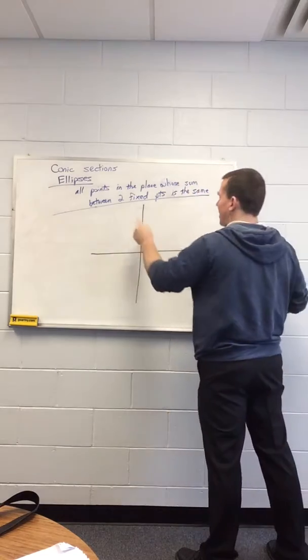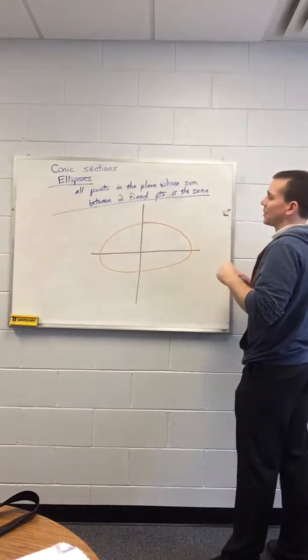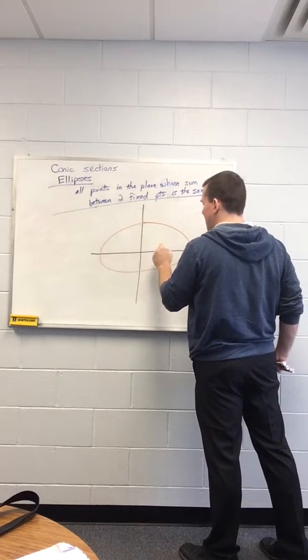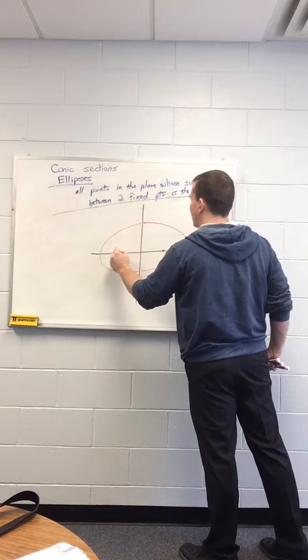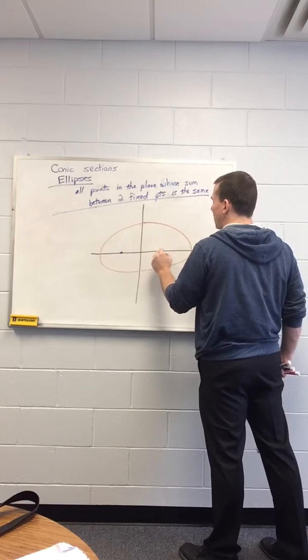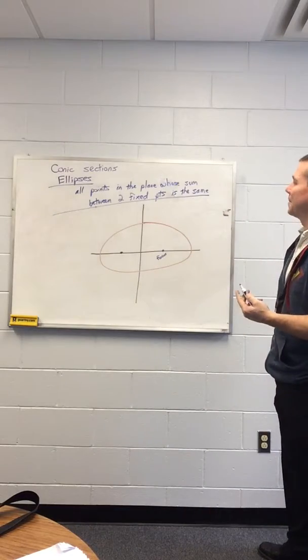Suppose we have my plane right there, and I have an ellipse. It's kind of like an elongated circle. When you have your ellipse, you have 2 points on the inside right here, 2 fixed points. They're actually what's called foci. One of them is called a focus. That's a focus, combined plural is foci.